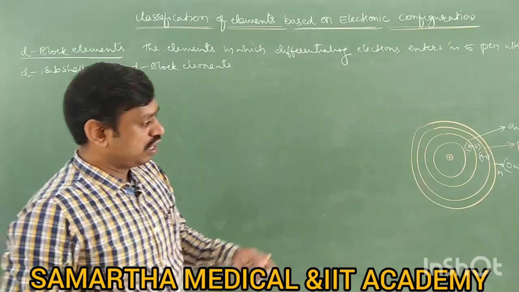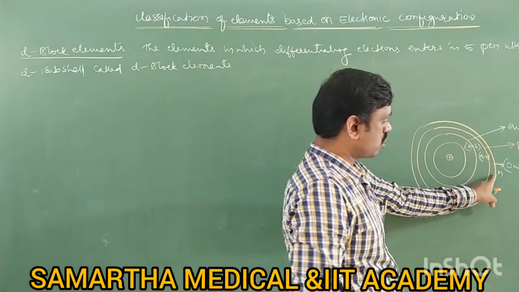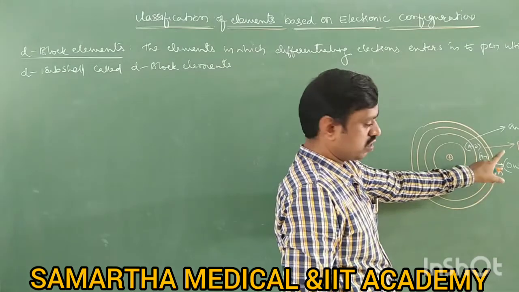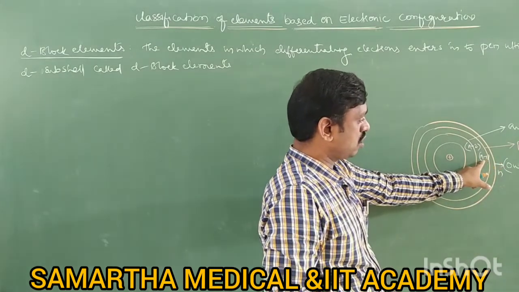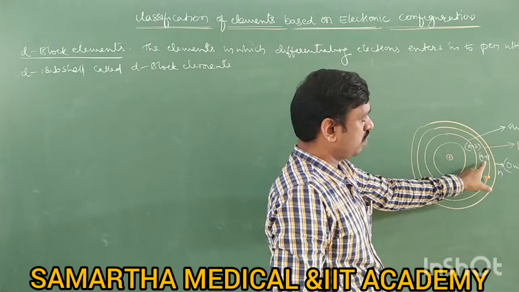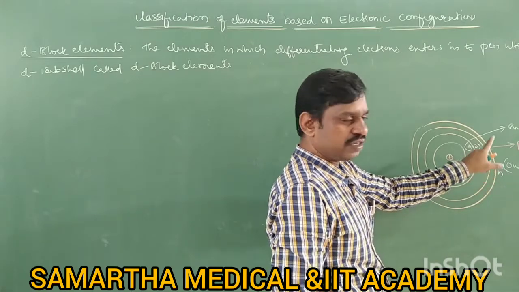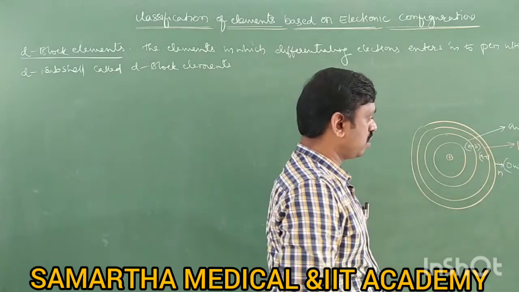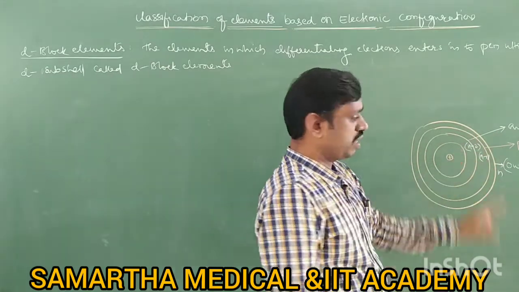So the last orbit is the outermost orbit, the nth orbit. The last to second orbit is the penultimate shell, represented by n minus 1. The last to third one is the anti-penultimate shell, represented by n minus 2.